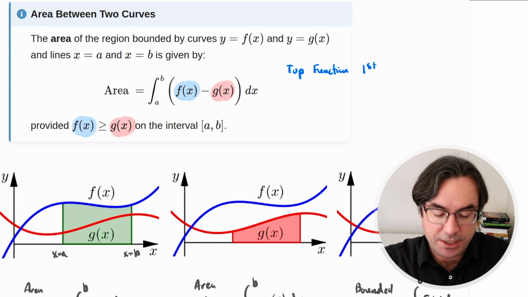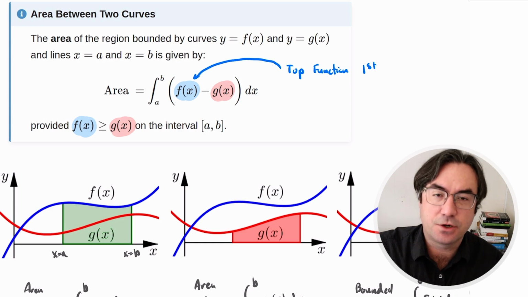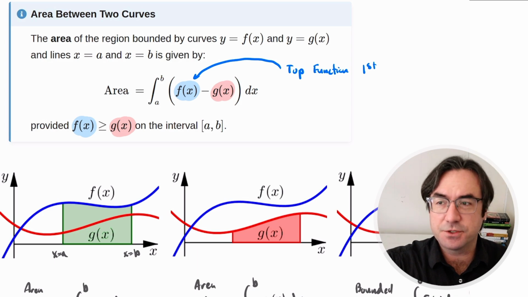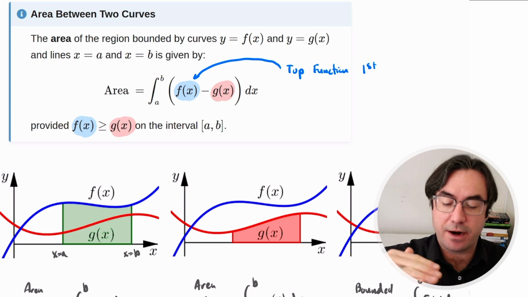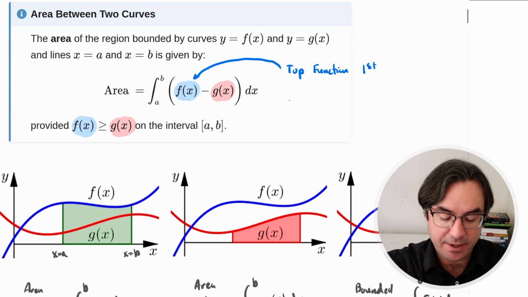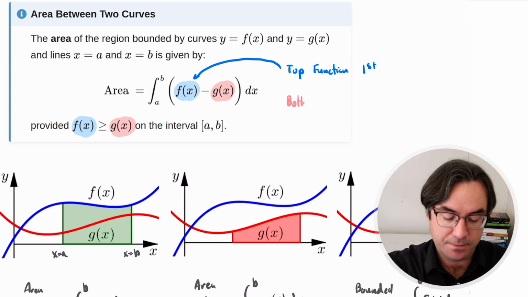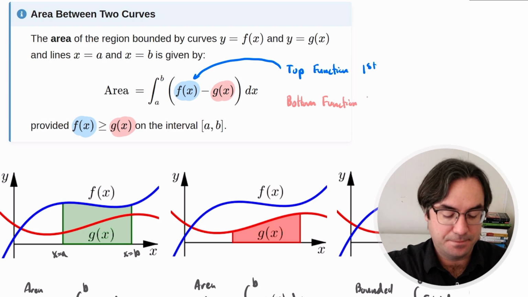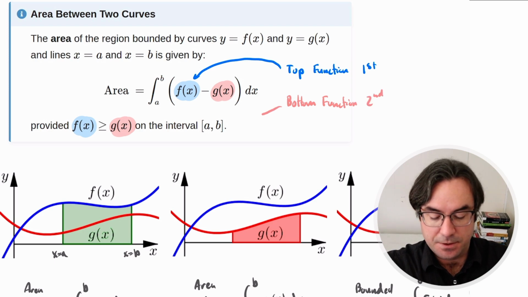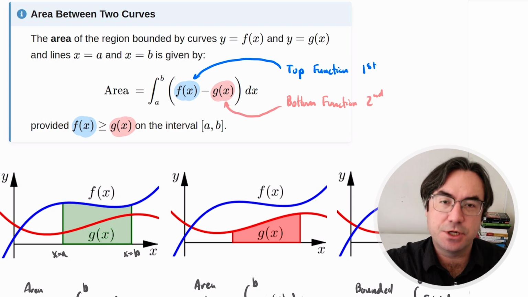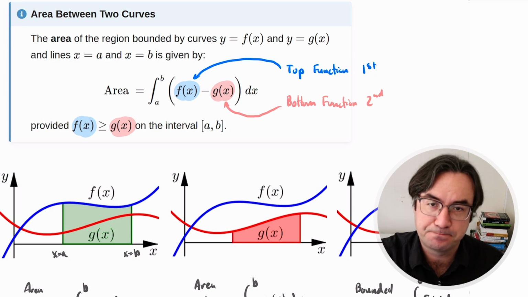So when we do our subtraction here, the top function has to go first. Then we also have to decide which curve is lower down on our page, and that's going to be, probably call that the bottom function. And we normally put that second. So again, with subtraction, the order actually matters.